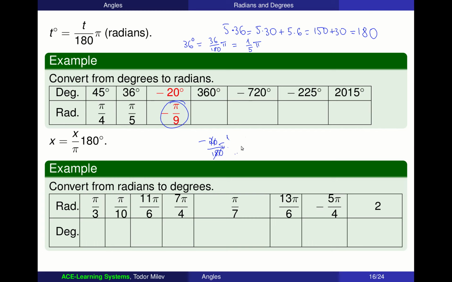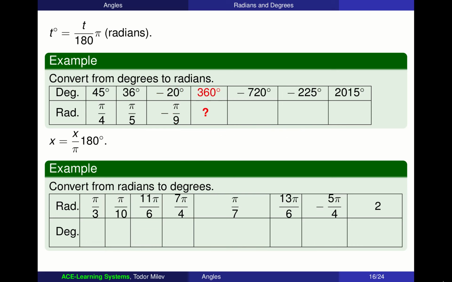Whoops. Let me work it out from the beginning. Negative 20 degrees is the same thing as negative 20 divided by 180 times pi. The 0 cancels, the 2 cancels, 2 and 9 and 1 on top, so we get minus 1/9 times pi, or what is the same, minus pi over 9.